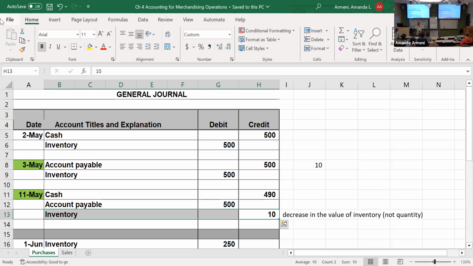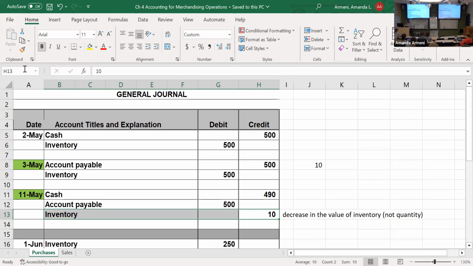So 1,000 years ago, in the first week of the semester, you learned that cost principle that says whatever you paid for it, that's what it's worth. So what you paid was $490. So you need to make a decrease to your inventory, but it's not a decrease in quantity. It's a decrease in value because that's how much you paid for it. Yes?